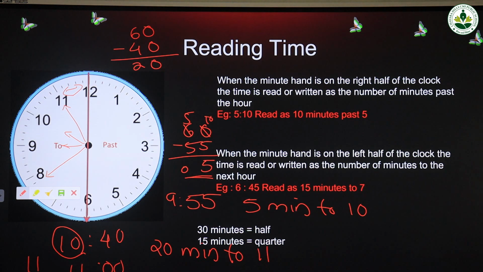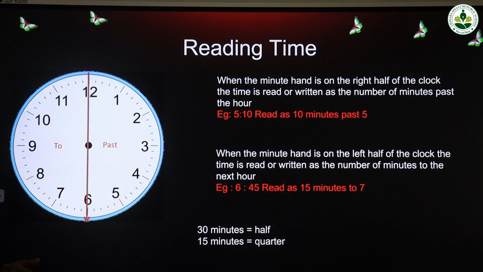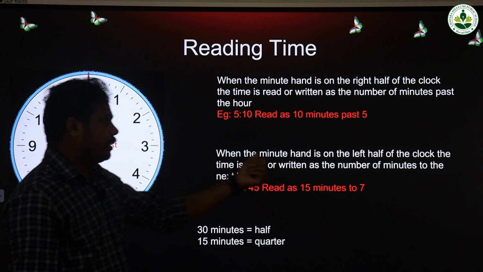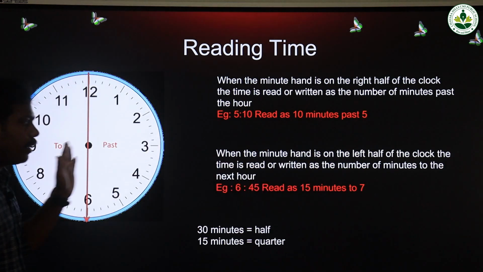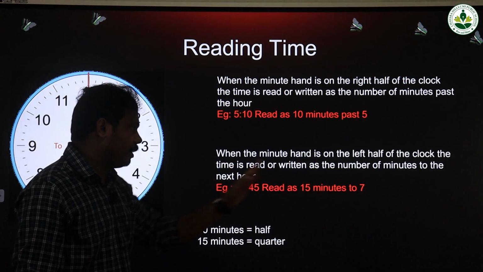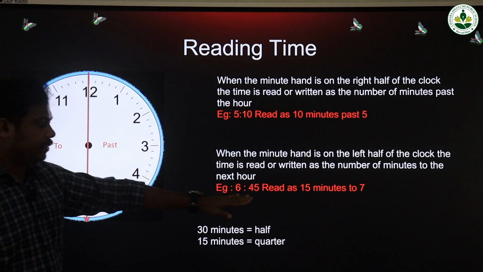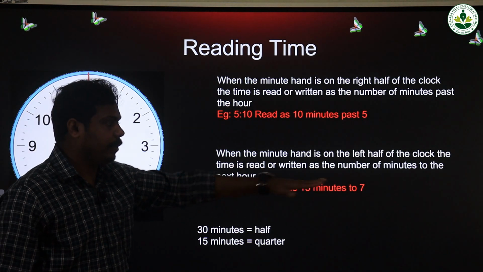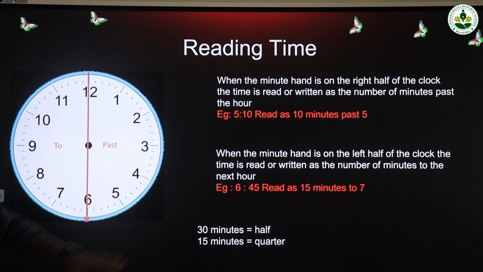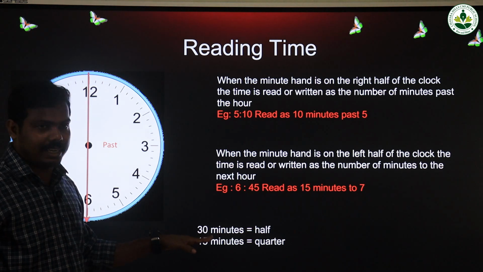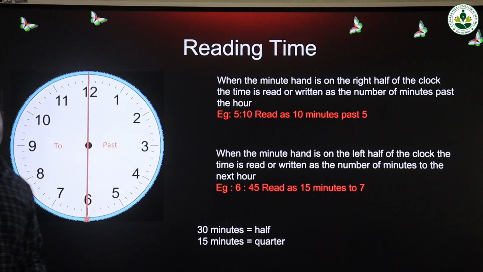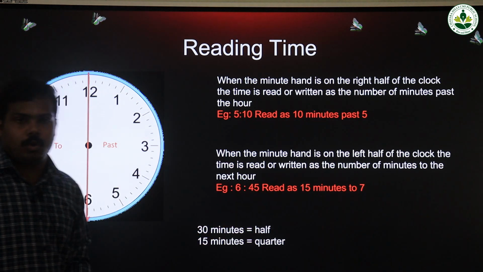Okay. And here, when the minute hand is on the left half of the clock, the time is read or written as the number of minutes to the next hour. For example, 6:45 is read as 45 minutes to 7. One more thing, if it is 30 minutes, then we call it half. Instead of 30 minutes, we call it half. Instead of 45 minutes, it is quarter.